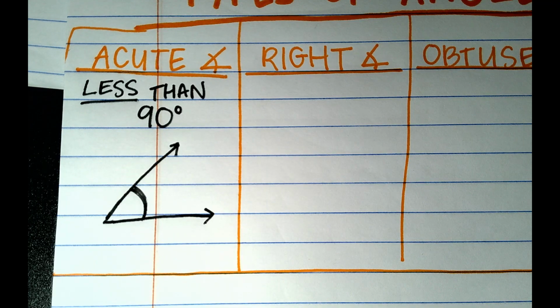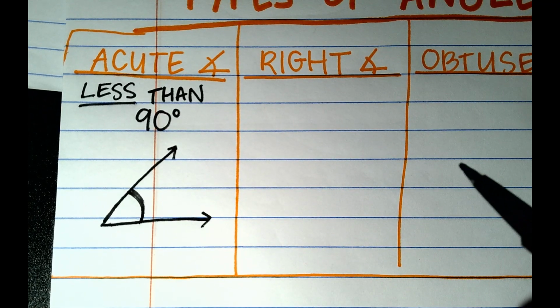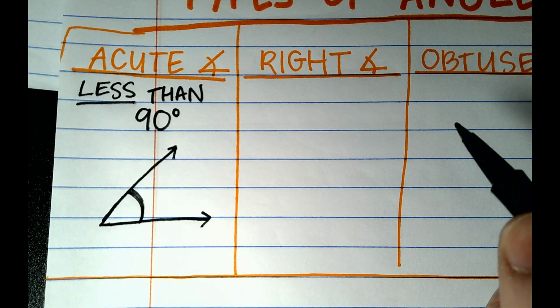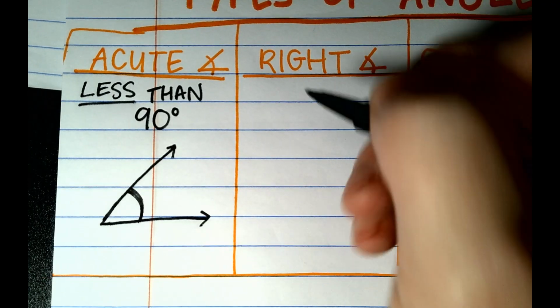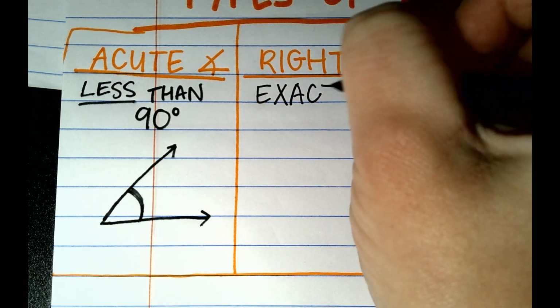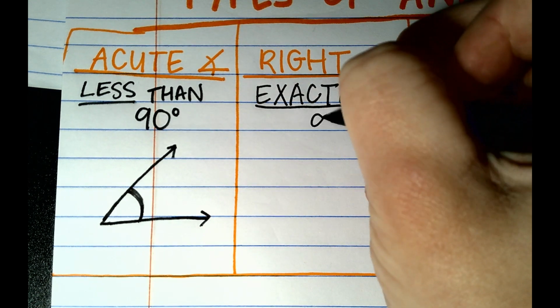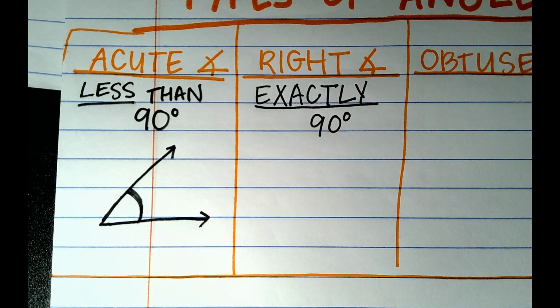What's a right angle? It's exactly 90 degrees. It can't be 91. It can't be 89. It can't be 89.999. It is exactly and precisely 90 degrees.